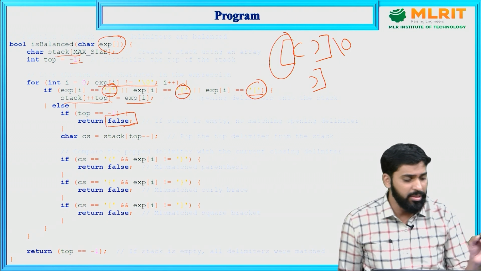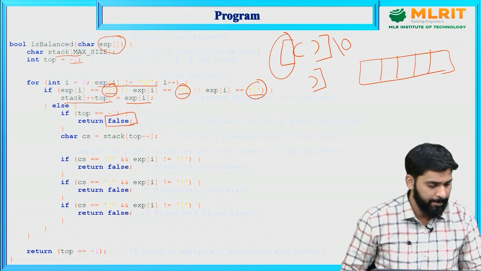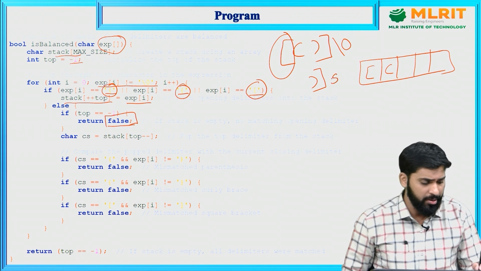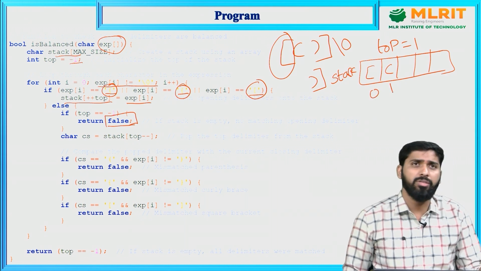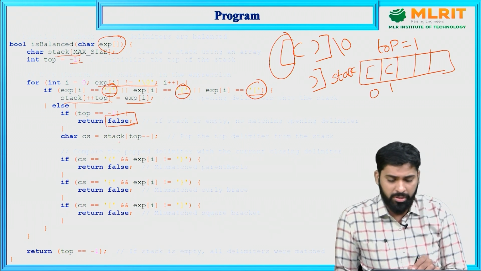Okay. So, in this case, this is the stack. So, square bracket, open bracket. Top equals 1 here, 0, 1. Two elements are inserted. So, char CS equals stack of top--.